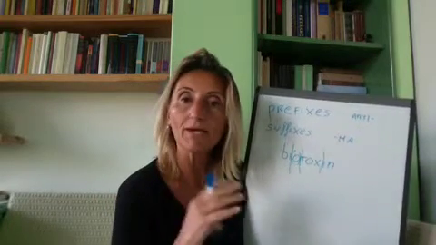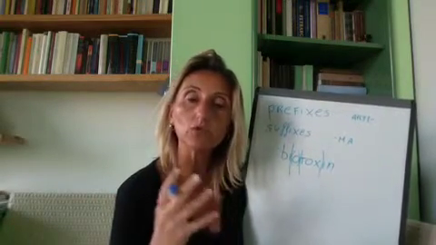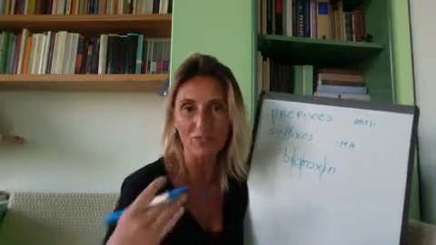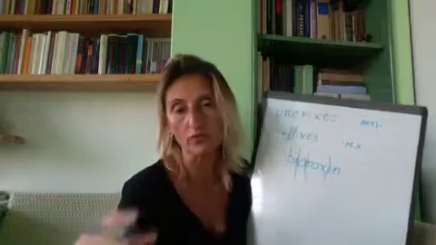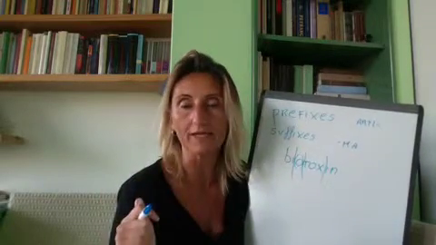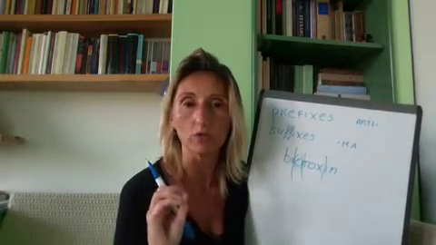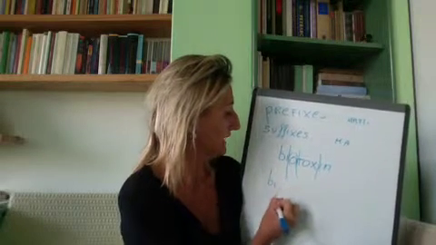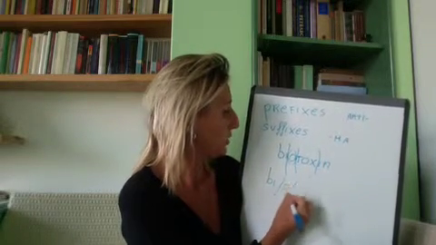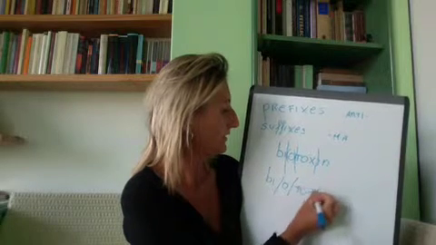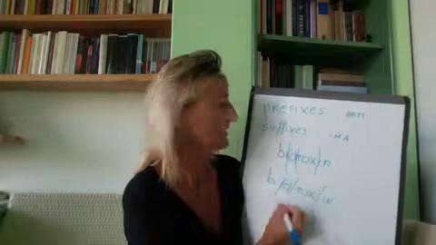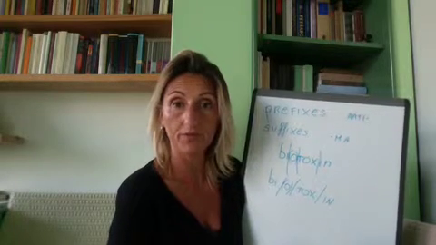So the combining vowels need to be put in parentheses so that I understand that you know that it is not part either of the prefix or the suffix or of the combining form, but it's the combining vowel. So that's how you should write this word. Okay, bio, (o), tox, in, with the combining vowel in parentheses.